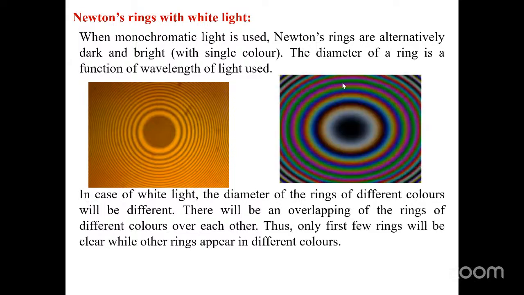So this is the case for sodium yellow color light, single wavelength. This is for white color. Is it clear? Colored Newton rings are observed. This is only single colored.